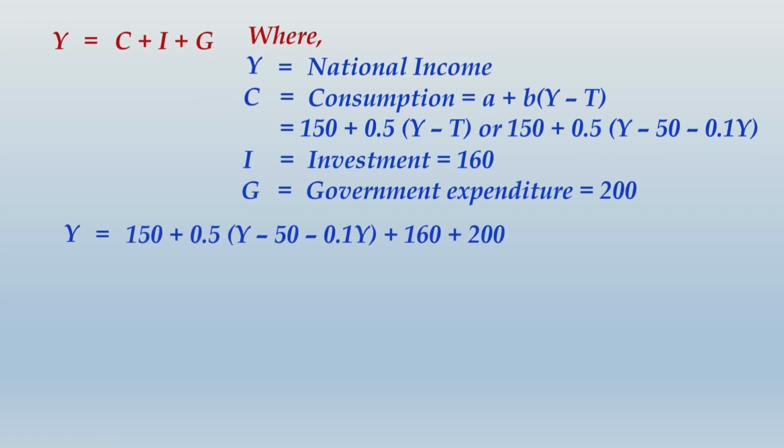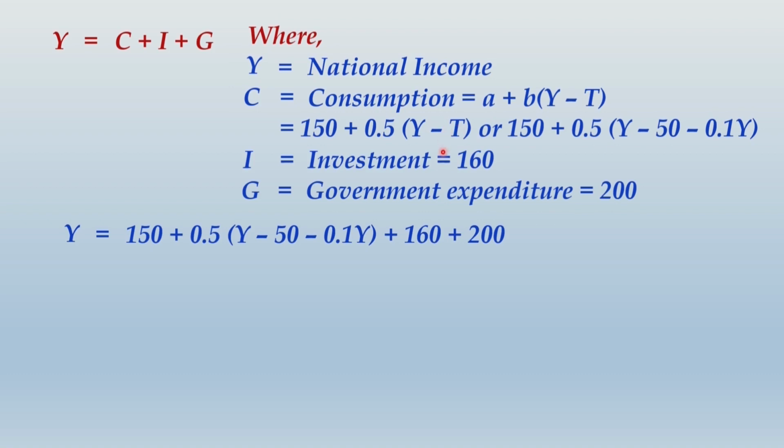And when you are defining C, look at one thing, what we have done. The function is given as C equals to 150 plus 0.5 into y minus t, and then because the tax function is separately informed as 50 plus 0.1 y, from y you are subtracting 50 plus 0.1 y within brackets.